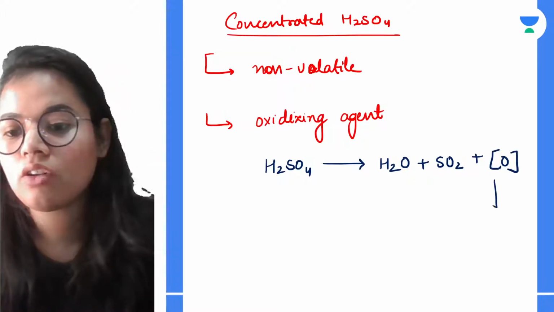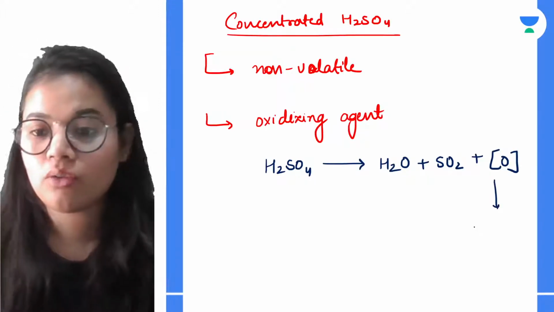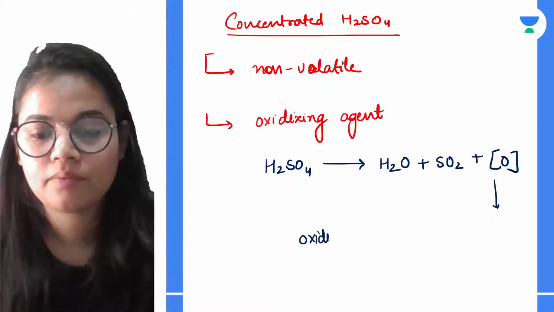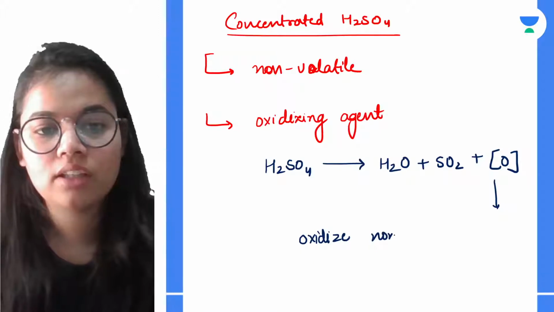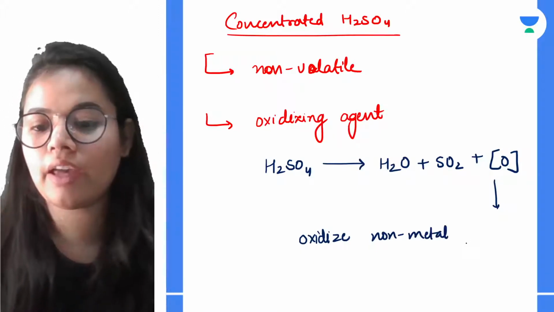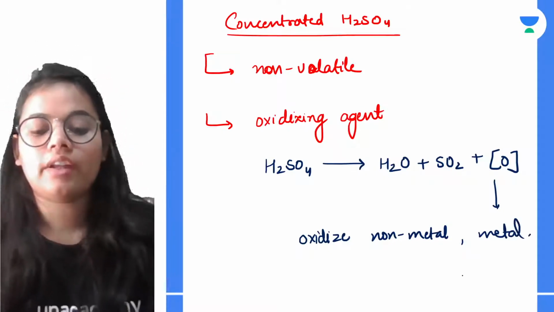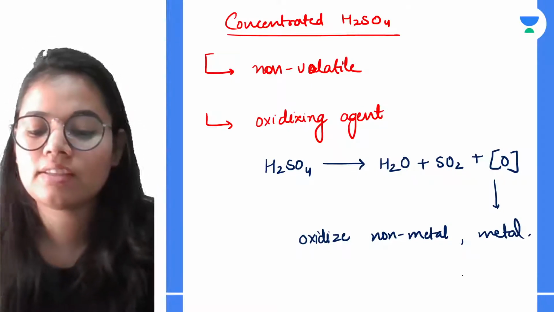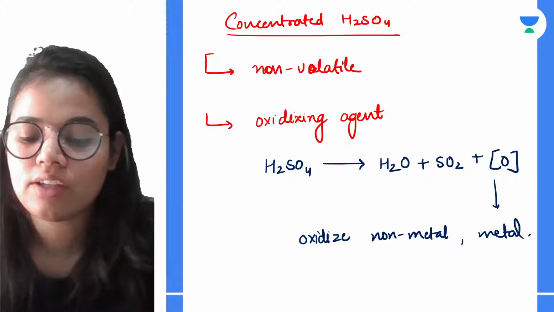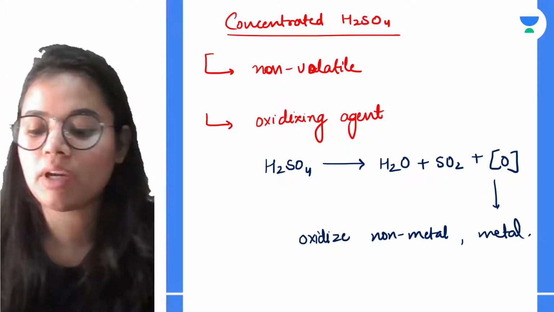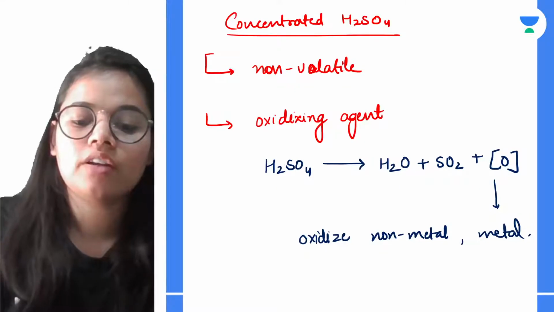This nascent oxygen that is produced can oxidize the non-metals, the metals, and the compounds. So this is how it acts as the oxidizing agent. I hope that this is very much clear to you.